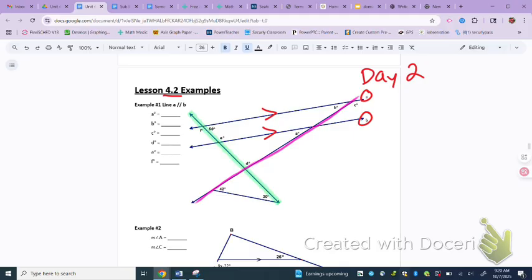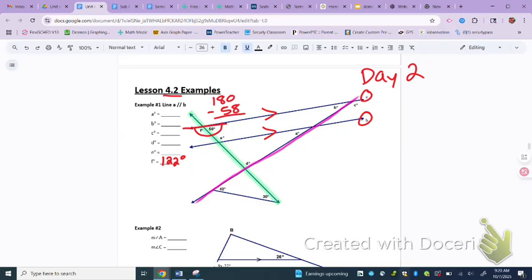So I'm going to start with F, because I know F and 58 make a line together. I'm going to use that line relationship and subtract 58 from 180 to get F. So F I got is 122 degrees.